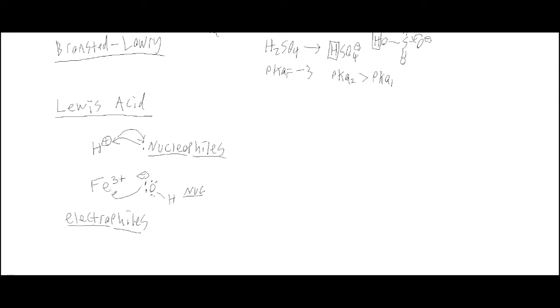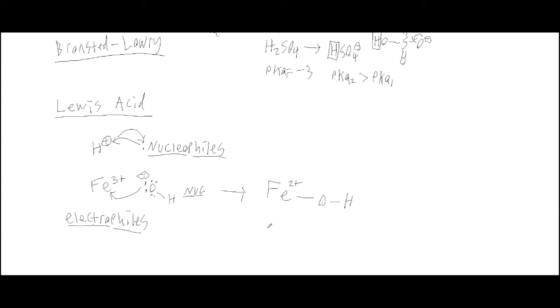So this is going to want to bind to that, which would make this, since this has a negative charge and this has 3 positive charges, bonding to one of these is going to lower its charge by 1. So this is the way that something even besides a hydrogen ion can act as an acid.